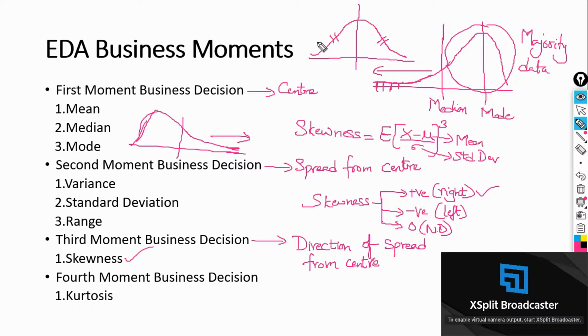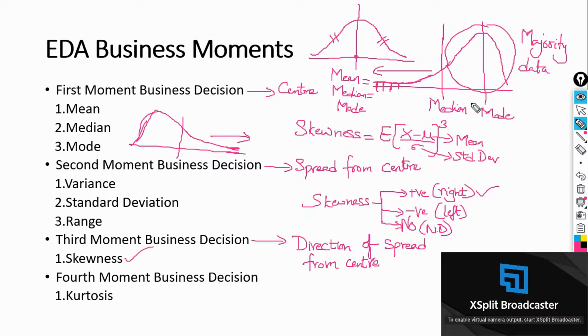For normally distributed data, also called no skewed data, you will have mean, median, and mode. All of these three will be the same. Mean equals median equals mode. All of these three lie exactly at the center.